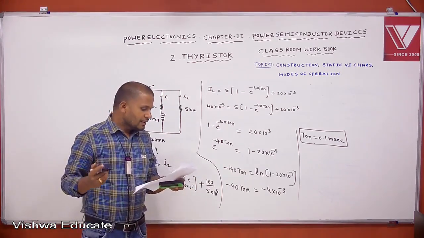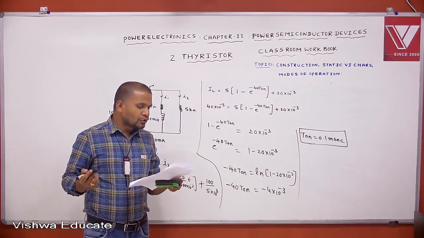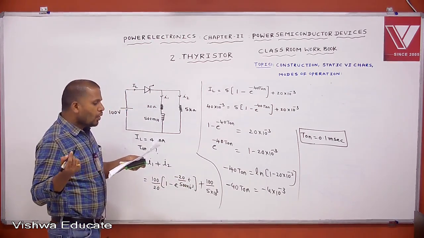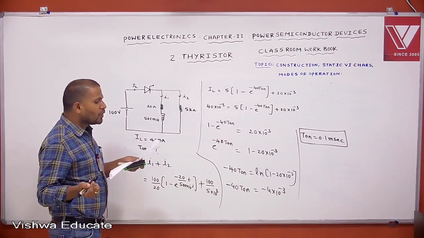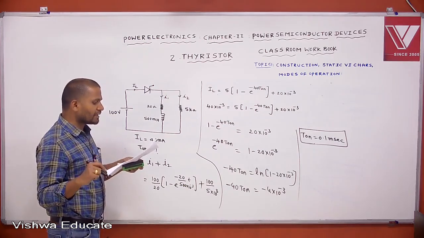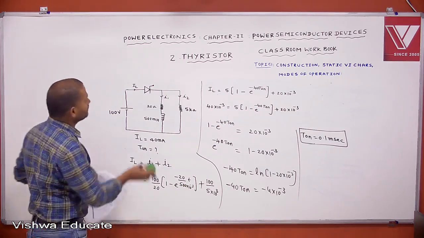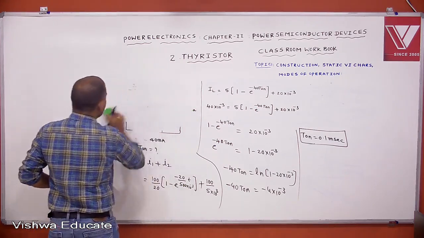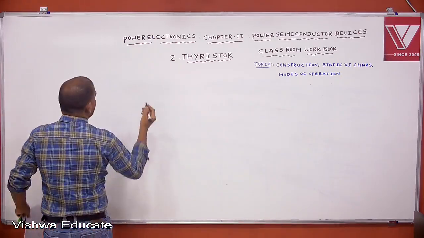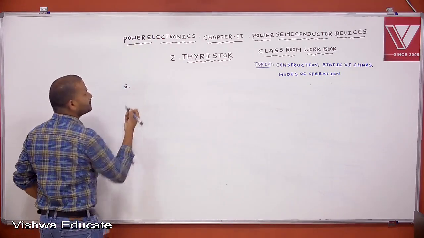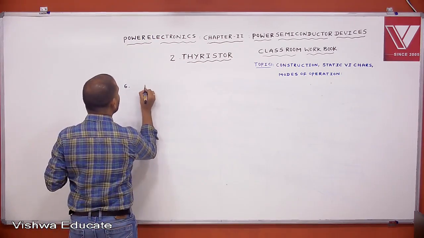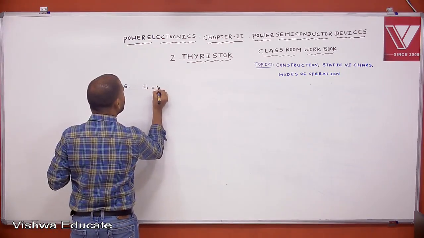Yes. See the question number 6. The circuit shown in figure. Latching current equal to 50 milliampere. Holding current equal to 20 milliampere. To ensure reliable turn on, minimum gate pulse width is 50 microseconds. Then the resistance R equal to dash. Okay. See the figure. This is question number 6. Given that latching current equal to 50 milliamperes.